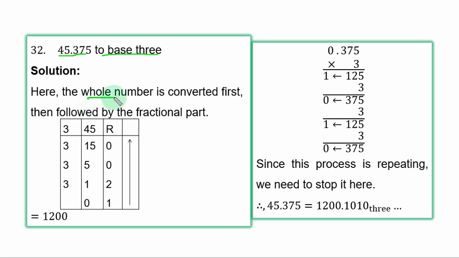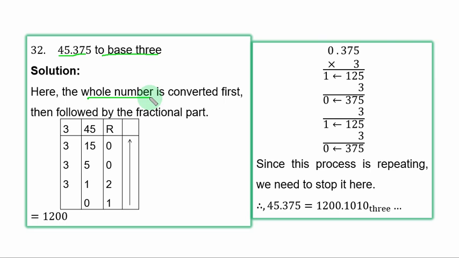So here you convert the whole number in base 10 to base 3. The method to be used here in converting the whole number part is continuous division until the quotient is 0.